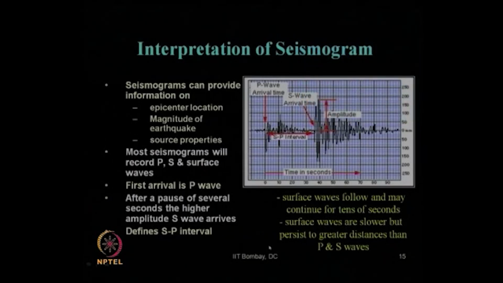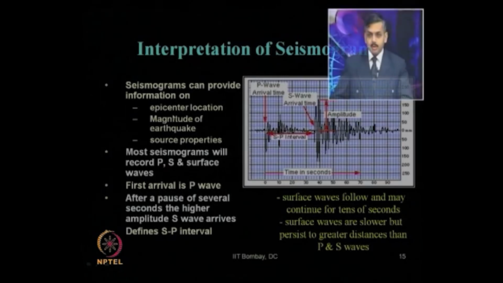Now, how to interpret that seismogram? The data which we collect from the seismograph is called a seismogram, as we have already discussed. After obtaining this, we need to interpret it. A seismogram can provide information on epicentral location; we have seen how to estimate the epicenter of an earthquake using this seismogram data.